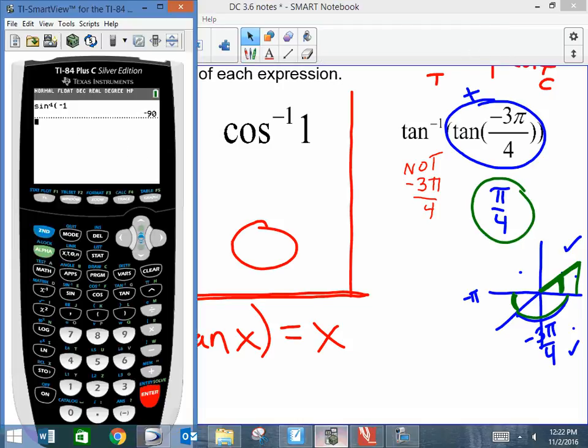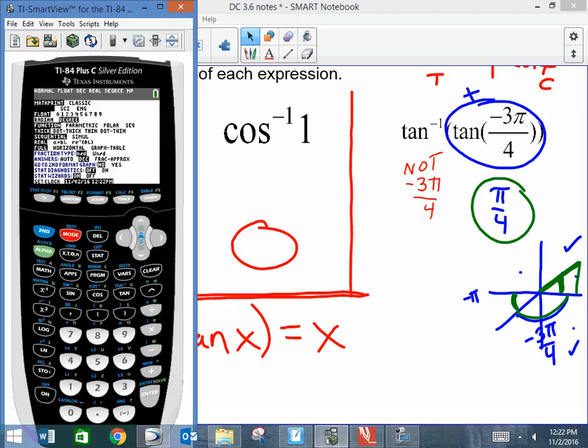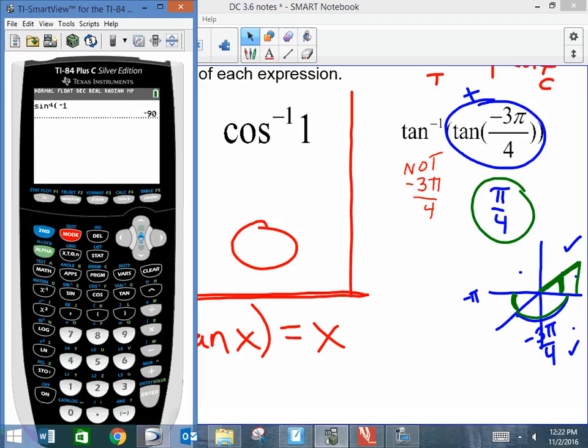Now, if you go back to your calculator, inverse tangent, I'm still in degrees. I'm going to go back to radians, so I don't have to switch that up. Tangent of negative 3 pi over 4, parentheses.